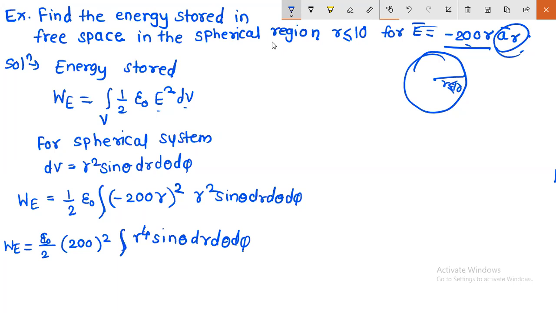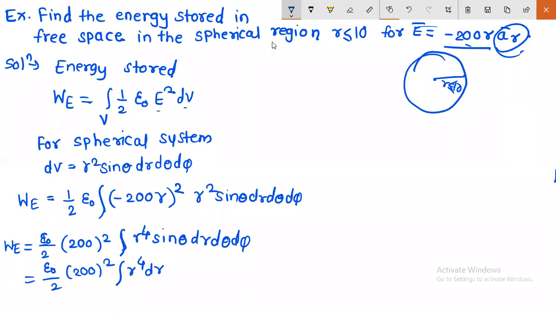Now I'll separate this. I will separately write these terms. So it is equal to epsilon 0 divided by 2, 200 square, into integration of r raised to 4 dr. I'll first take the terms of r only.